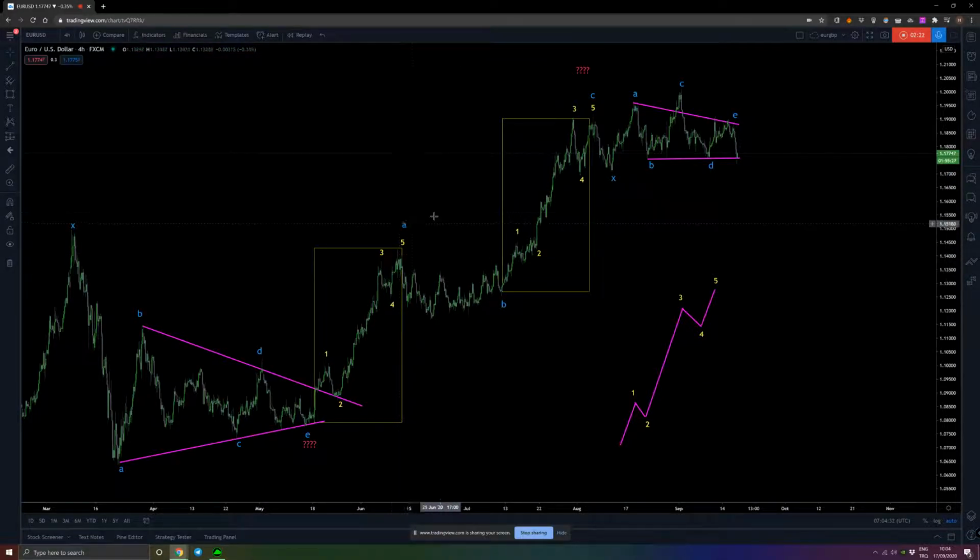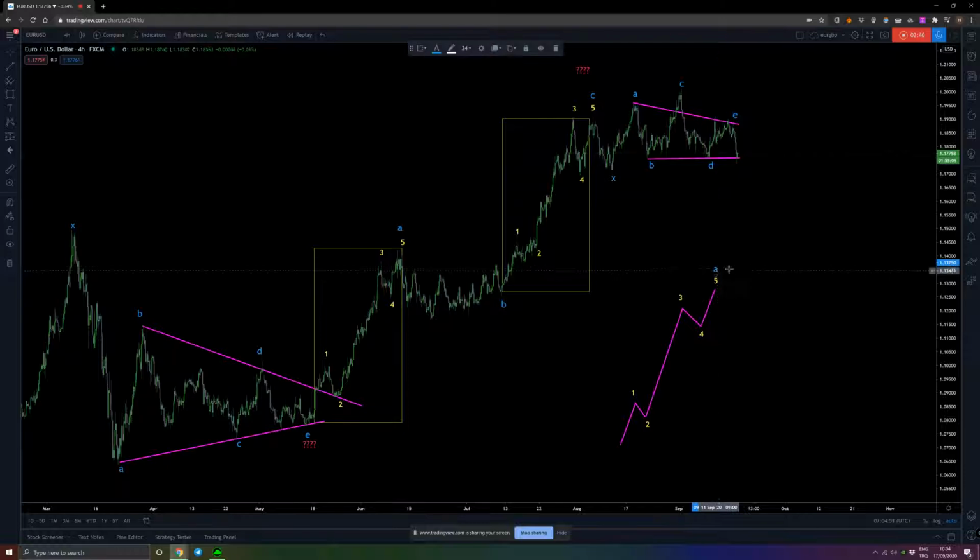In our case, it finished a wave A. Then I ask myself this question, okay, what pattern do I have that has the wave A as an impulsive move? The only answer is zigzag. Okay, good.